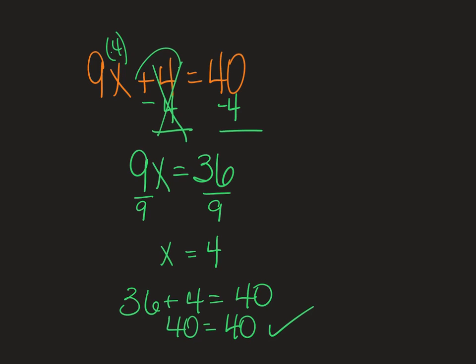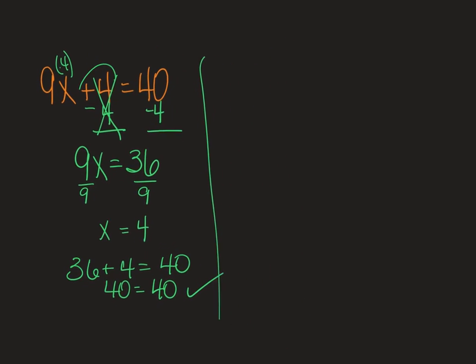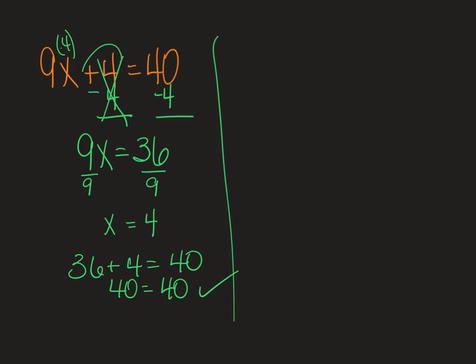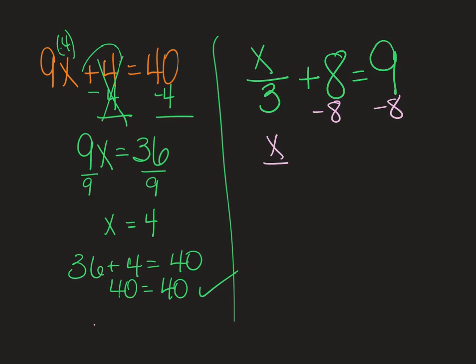All right, let's do one more, and then I'm going to let you loose on doing some problems on your own, okay? This time, you have x over 3 plus 8 equals 9. What are you going to do first, folks? You're going to subtract 8 from both sides. Then you get x over 3 equals 1.